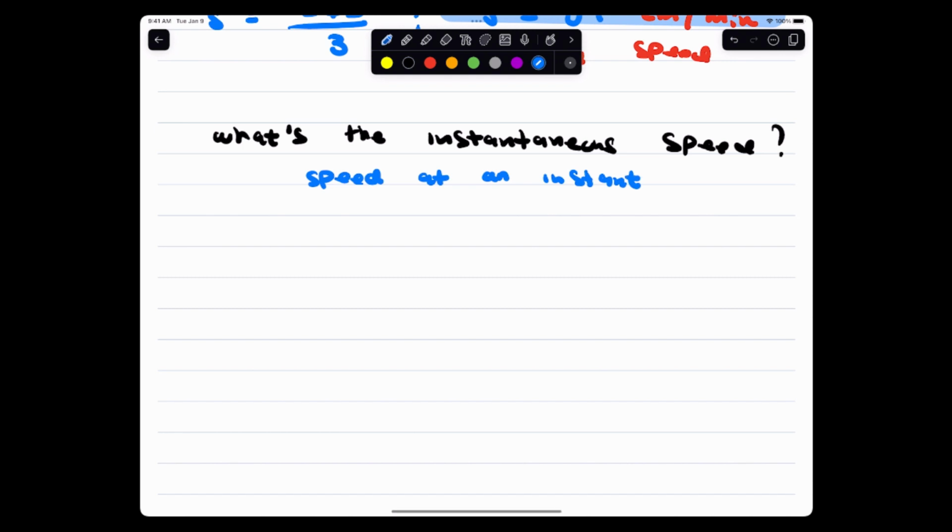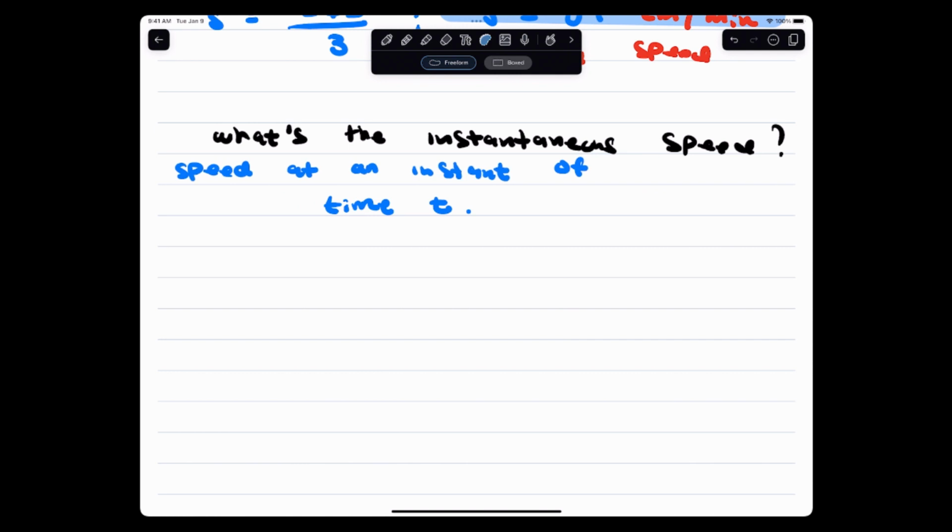So this is the speed at an instant of time t. And that has a definition, instantaneous speed.